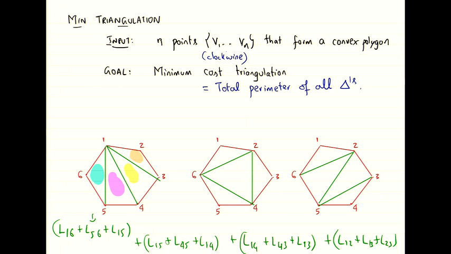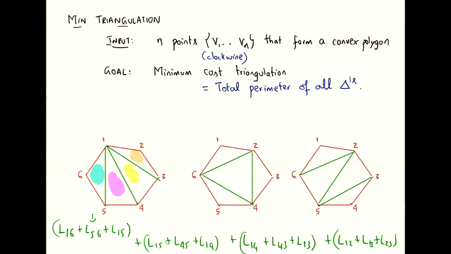If you want a more physical picture, you have a polygon and you want to cut it into triangles, and you want to minimize the total length of all the cuts. That's essentially the same thing, because the total perimeter of all the triangles varies the same way as the total length of all the diagonals you've drawn. Any other questions? Okay, so that's the problem.